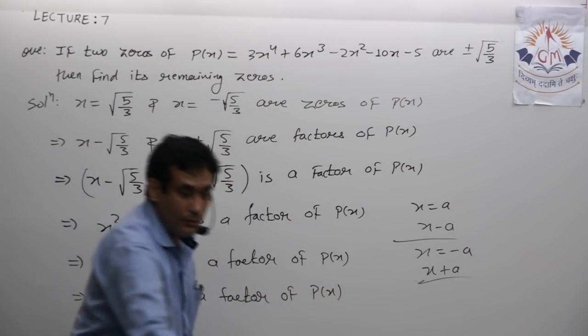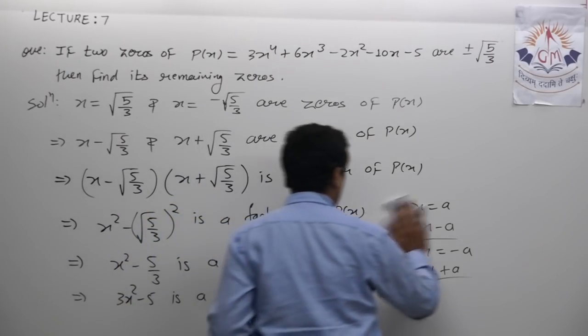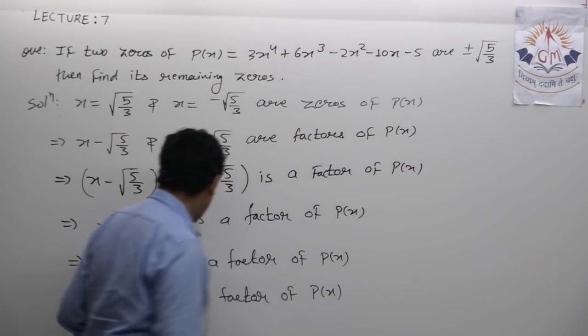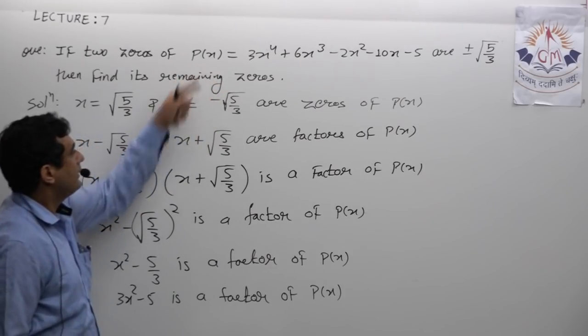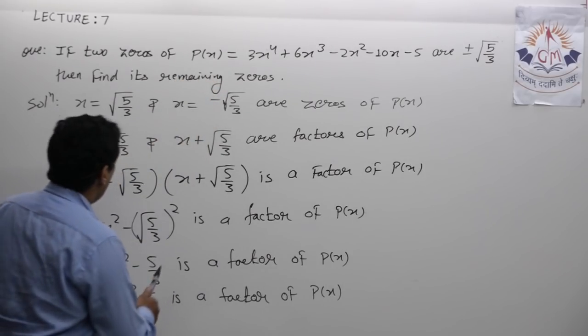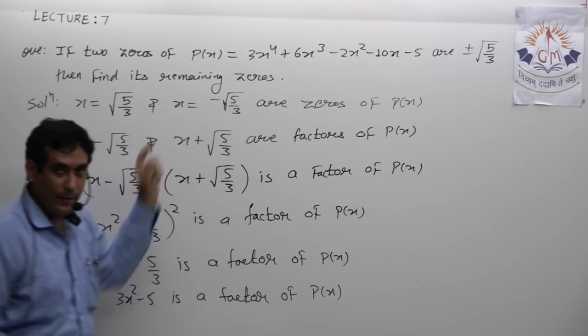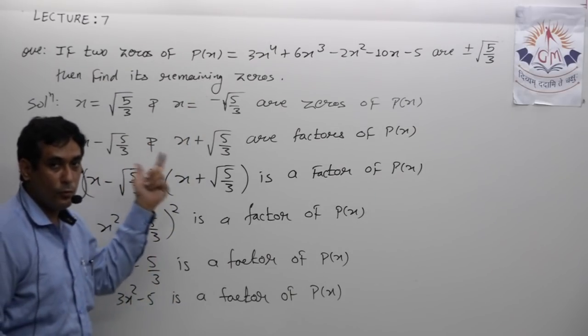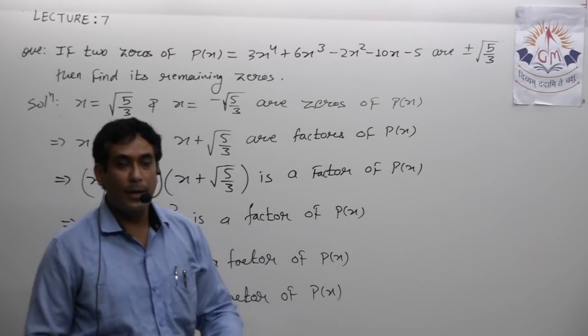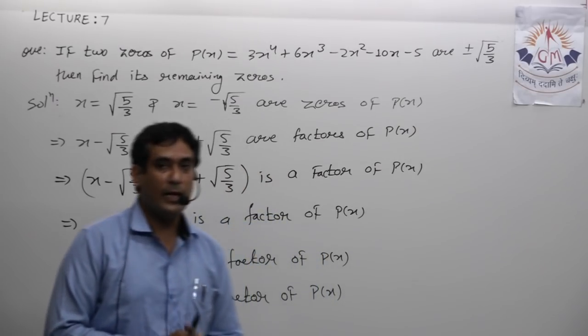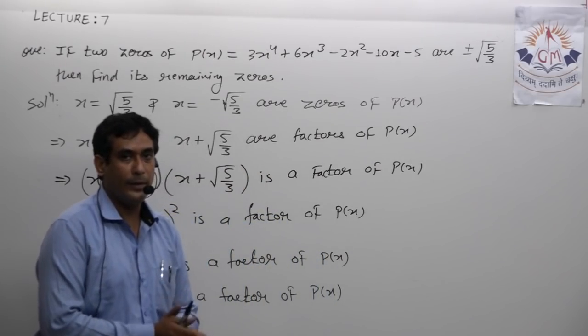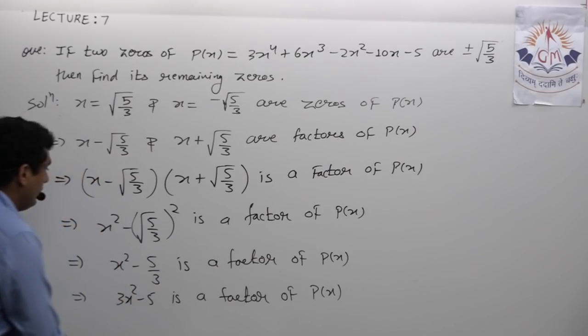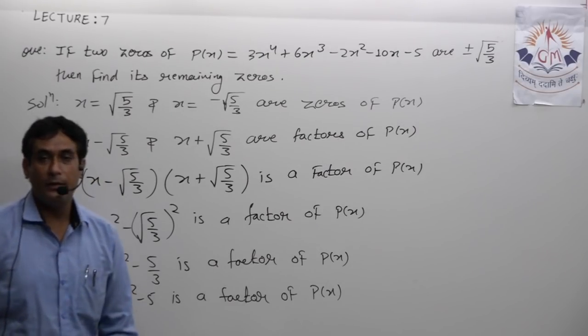So here I got one expression, 3x square minus 5, which is a factor of the given polynomial. I will divide the given polynomial by this to get the quotient, and then by factorizing the quotient I will be able to find the remaining zeros. So first of all note it down, then we come to the division part.